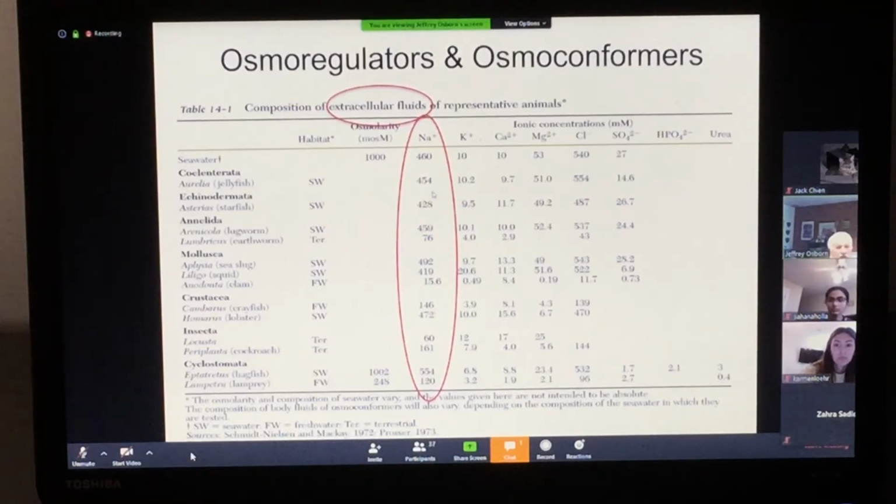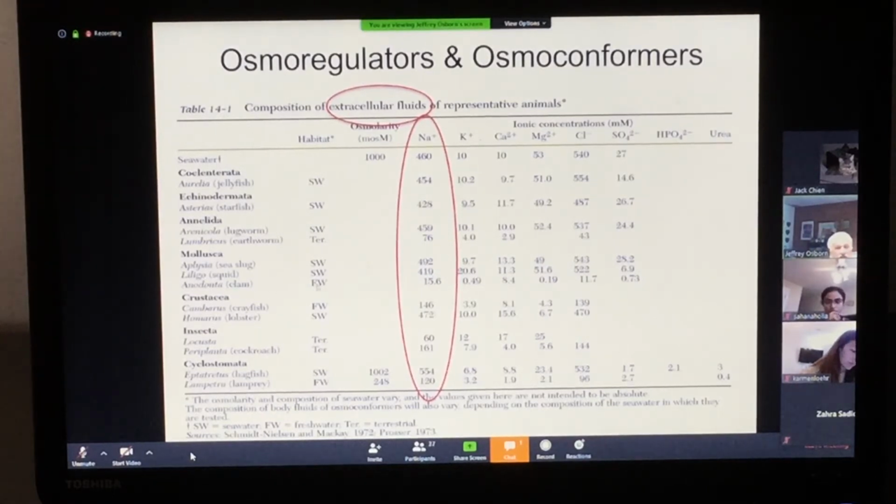All right? And as you can see, as you move down different organisms in seawater and freshwater, let's look down here at mollusks. If you're an aplysia, or a squid, a sea slug or a squid that lives in salt water, your internal sodium concentration is very, very high. They must be osmoconformers.